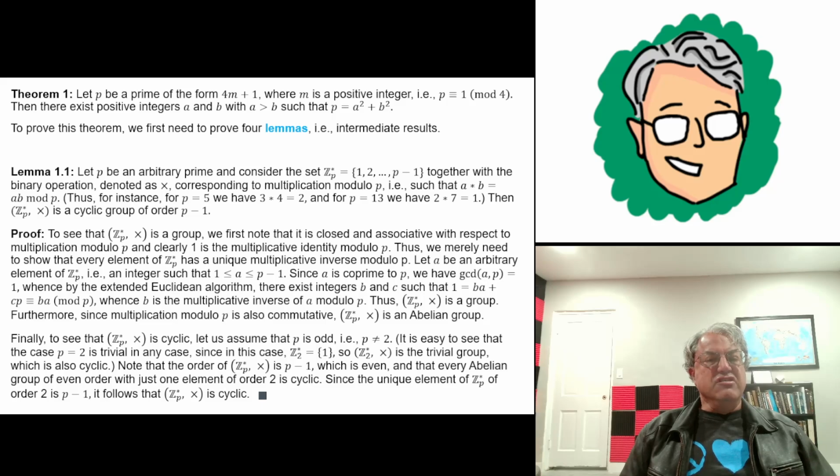But if p is a prime congruent to 1 modulo 4, there's a unique way to do it, where p equals a squared plus b squared, where a is greater than b and a and b are both positive. It turns out that for every prime congruent to 1 modulo 4, there's a unique pair of integers a, b satisfying those conditions, such that p equals a squared plus b squared.